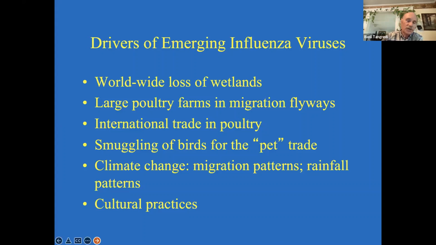This is something that I wish would end, but people seem to have the vanity of something pretty that should be in the jungle and take it in for a pet, but can bring in the virus as well. And climate change, migration patterns, rainfall, cultural practices, such as the wet markets. Another problem we see is cockfighting, which for certain ethnic groups is a common cultural practice. And birds are transported around on that basis too.